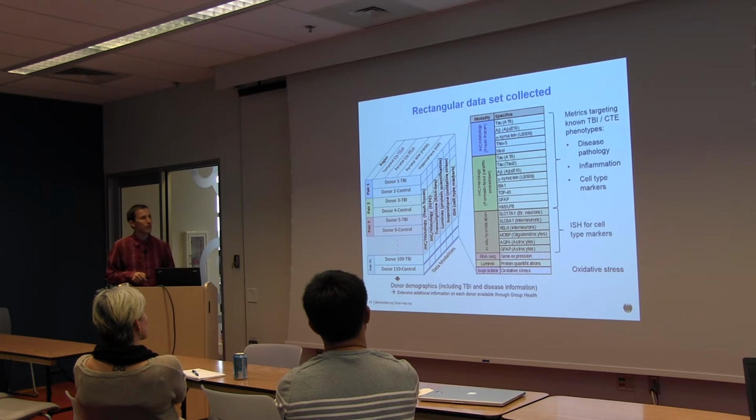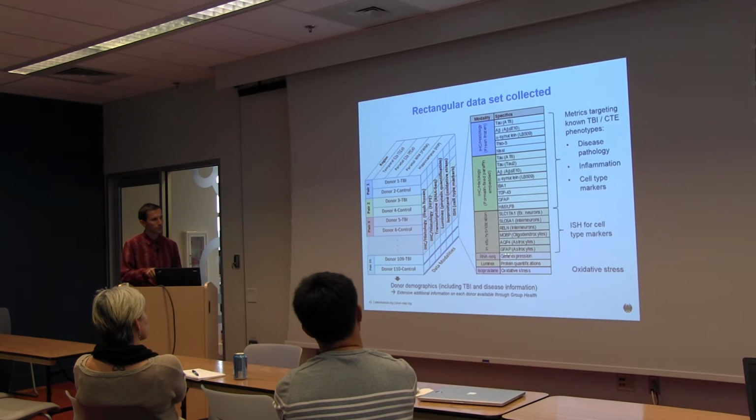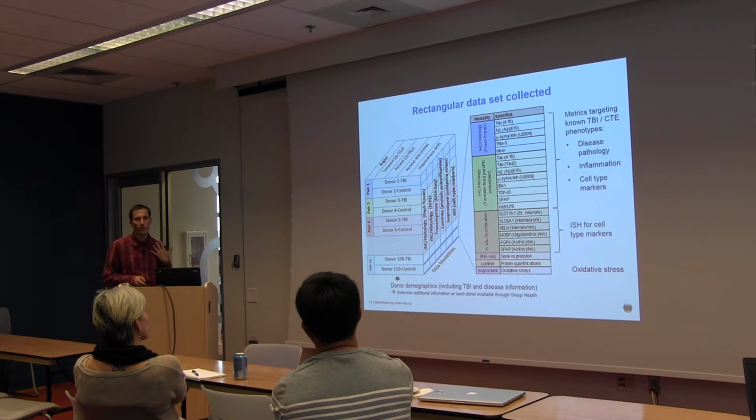There's a lot of different kinds of information that are available. There's the RNA-seq, which is in this one little spot right here, but there's also in situ hybridization for genes marking cell types. There are different kinds of markers for the pathologies that I was talking about, the tau and amyloid and alpha-synuclein pathologies, as well as inflammation, microglia, and other things.